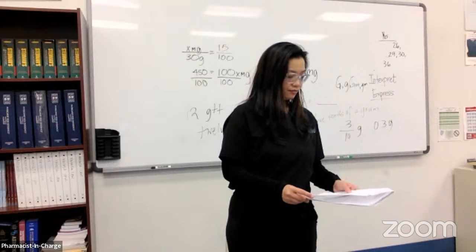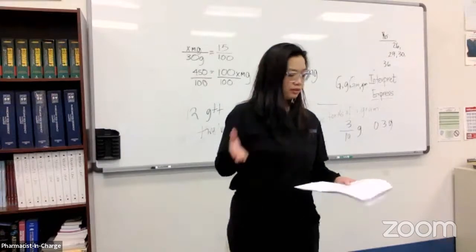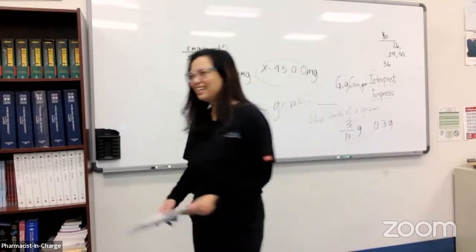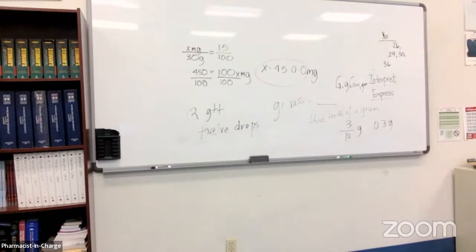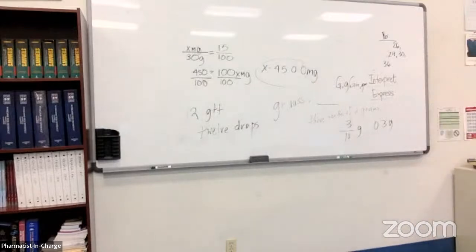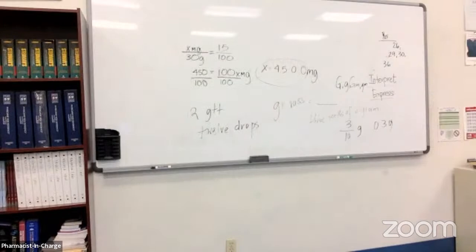I put 0.375. No, I just said if 1 quart is 1 liter, then 1.5 liters would be 1.5 quarts.